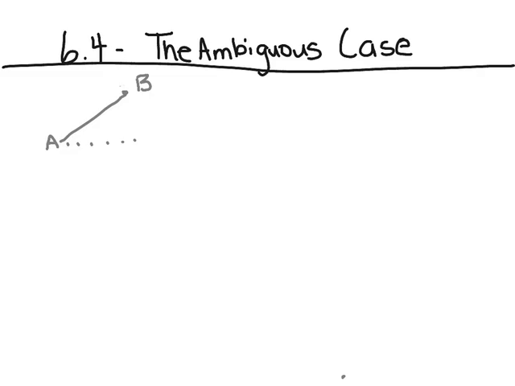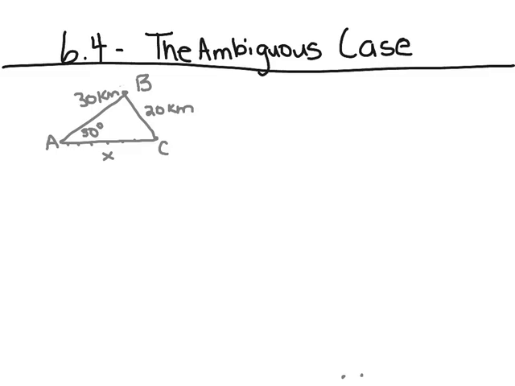So we know that this is a 30-degree angle. This is our C. And we know from this point to the fire is 20 kilometers. So this is 20 kilometers, and from A to B it was 30 kilometers. So we want to know how far it is between A and C. So we want to find this value right here.